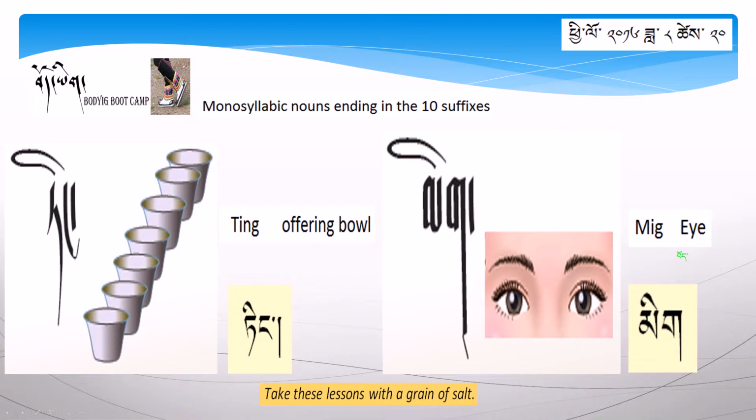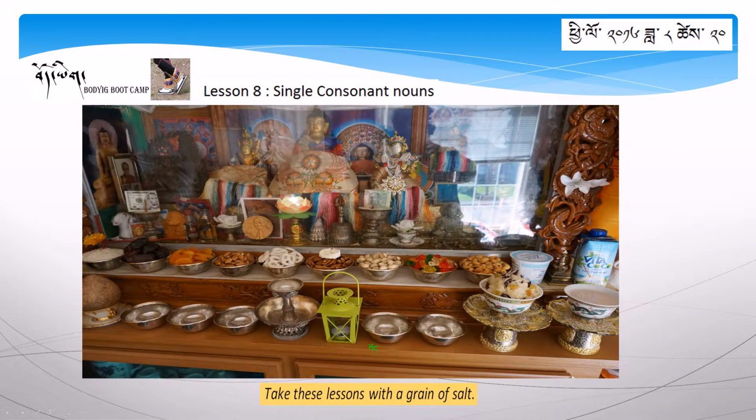And then over here, ma kigu, mika mig. Mig means I. And the 10 suffix letters are ka, nga, ta, na, pa, ma, ha, ra, la, sa, right? So these are the 10 letters that could take this position. The letter that goes right after the base letter or the root letter or mingxi.